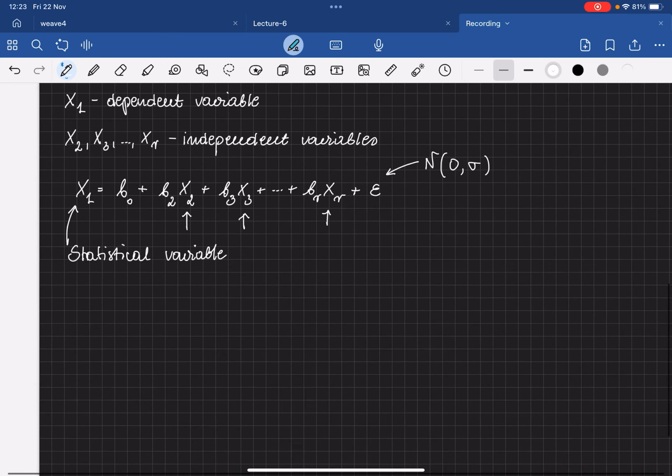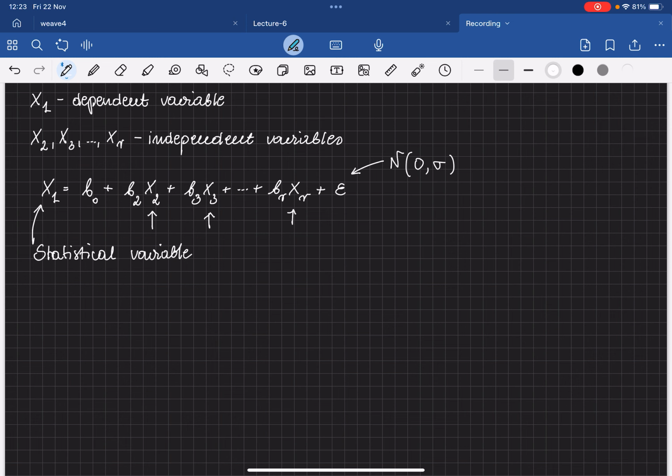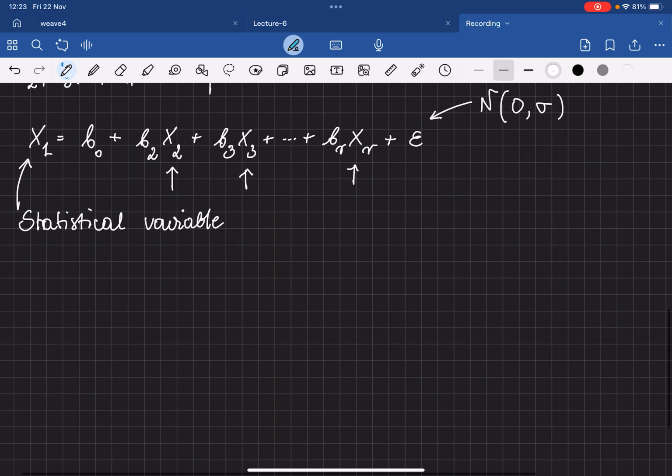So the function that we are trying to minimize is the following: sum of squares of errors. This sum of squares of errors is treated as a function of the coefficients up to BR, and since we are looking for estimates in the sample, we will add hats to those numbers.